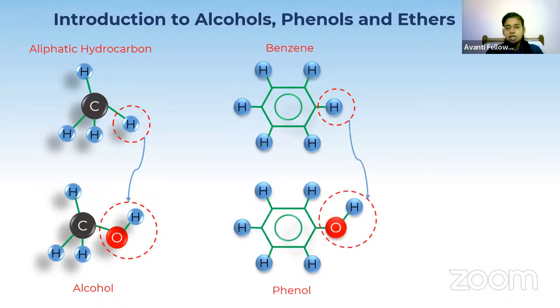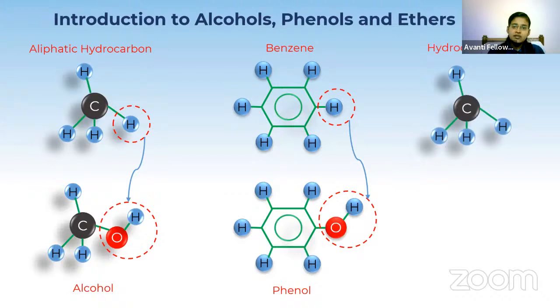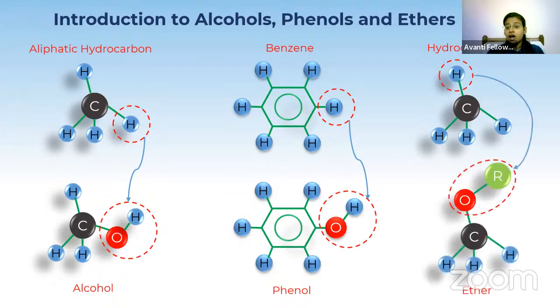Then coming to ether, to derive the ether also, I have taken a hydrocarbon and replaced one of the hydrogens by an OR group. OR means alkoxy. The R group can be alkyl, CH3, C2H5, anything. But if you replace H by OR, you will get an ether.